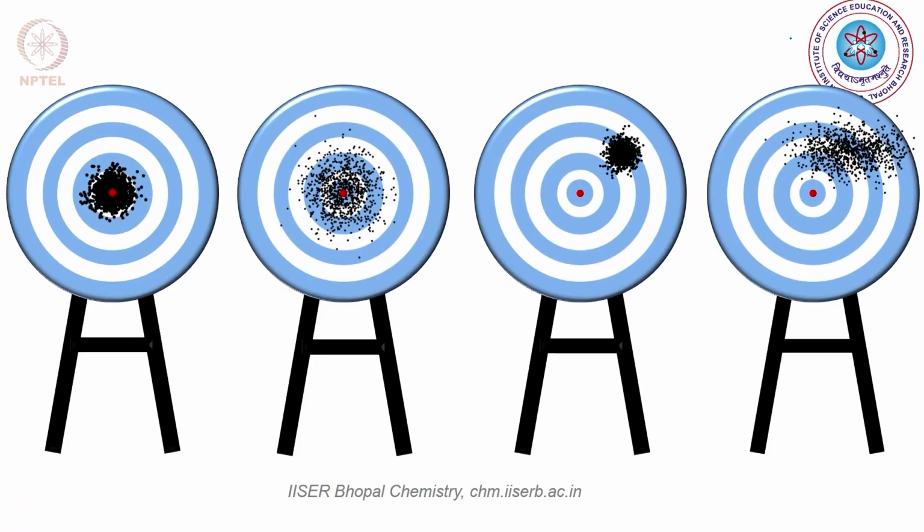So here you are able to see 4 different boards, 1, 2, 3 and 4. In these cases, let us take a little while to understand what is going on. In each case, the true value is represented by the red dot in the center, and the scatter of the black dots indicate where the arrow has hit. In this case, what you are able to see visually already is that all the dots are close to the center, and there are very few dots that go outside the second circle that is in blue.